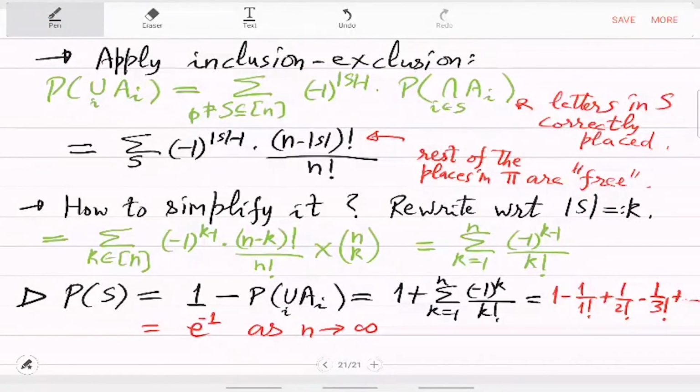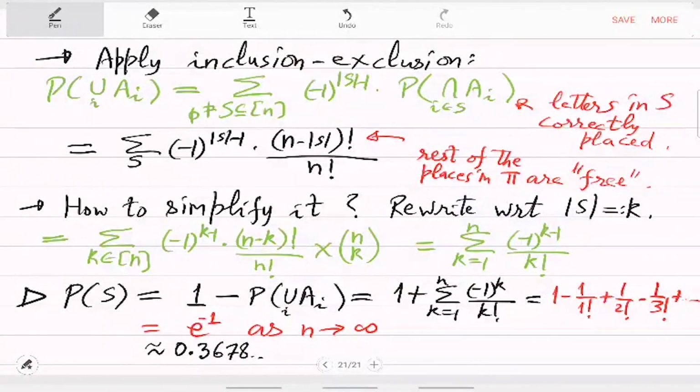Right now you wanted an expression for general n, and that expression you have. But to understand the value it takes when n is large, say n is more than 10, it is very close to 1 over e. And what is 1 over e? It is 0.3678.